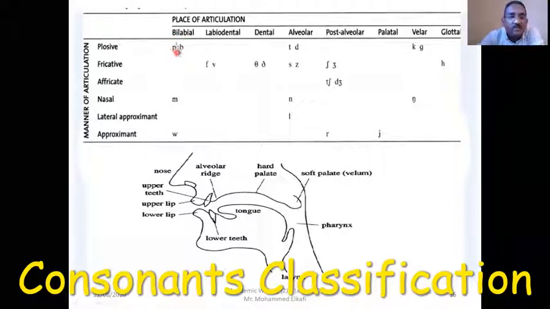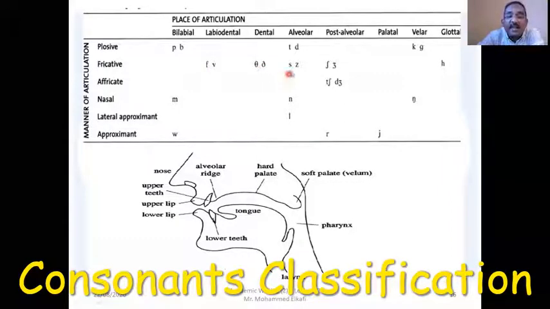The first one is pa. The second one is ta. The third one is ka. The fourth one is fa. Also we have th.